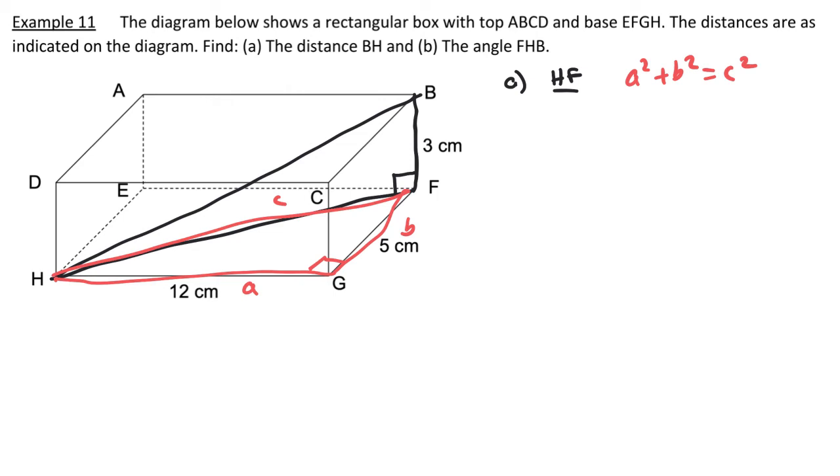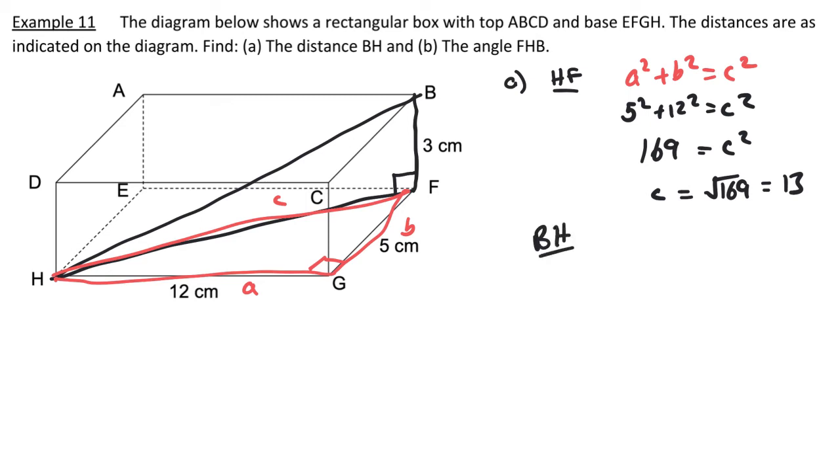Filling in the information, we've got 5 squared plus 12 squared equals C squared. So 25 plus 144 is 169, equals C squared. So C is the square root of that, which is 13. So FH is 13.